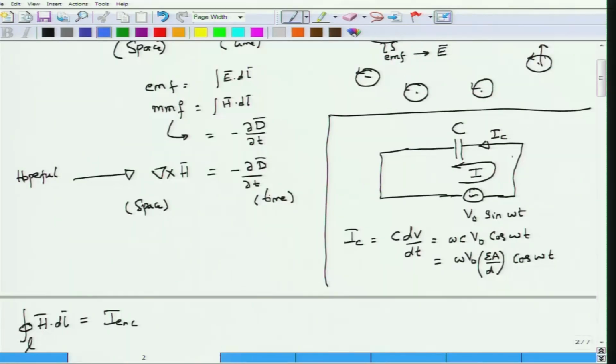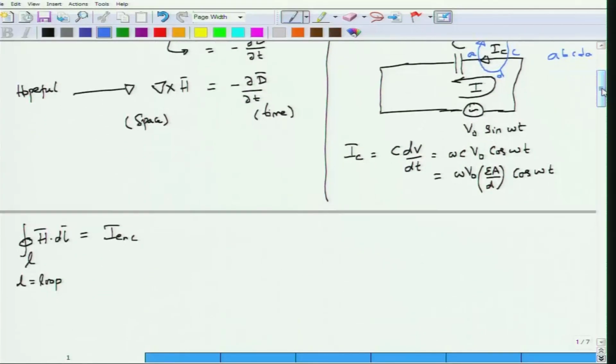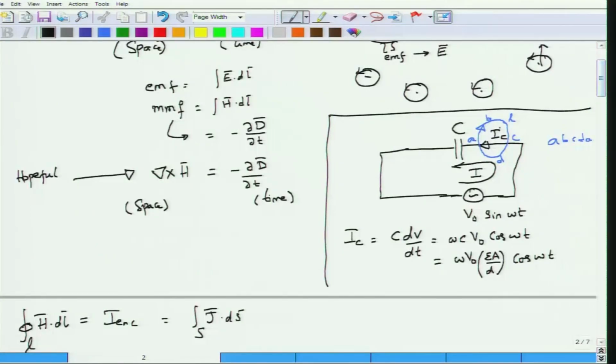So to this circuit I will consider a loop, call this A, B, C and D, and let us say the direction is chosen such that you go from A, B, C, D to A. This is the loop that I am considering, and then for this loop I ask whether there will be a magnetic field, and the answer would definitely be yes, because this enclosed current can be written as the integral of J dot dS, where S is the surface enclosed by the loop.